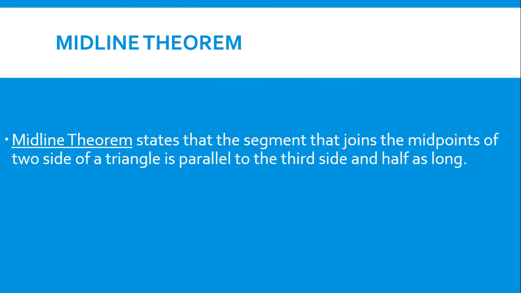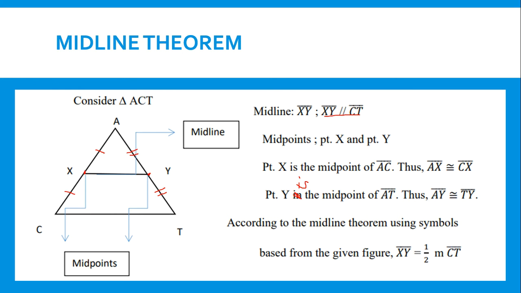XY is the midline of the triangle. Let's go back to the midline theorem again: it is parallel to the third side and also half as long. So if CT, for example, is 6, what will be the measurement of XY?